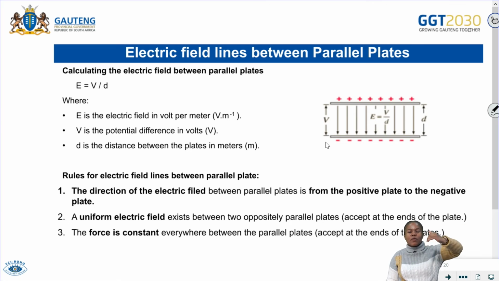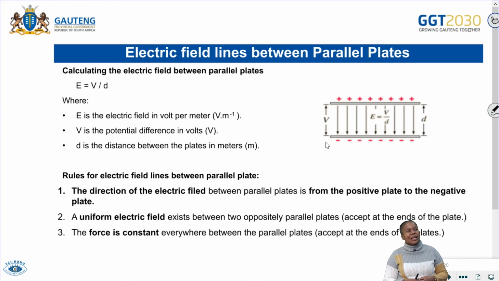So you have your electric field lines moving across these plates. Remember, even in parallel plates, the direction of the electric field lines is always from the positive plate towards the what? The negative plate.